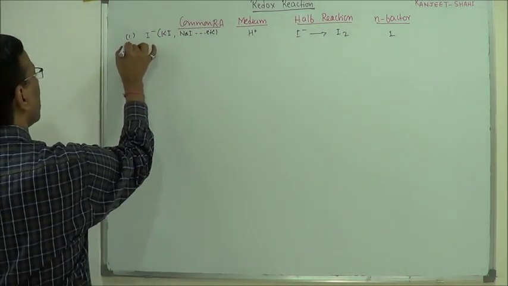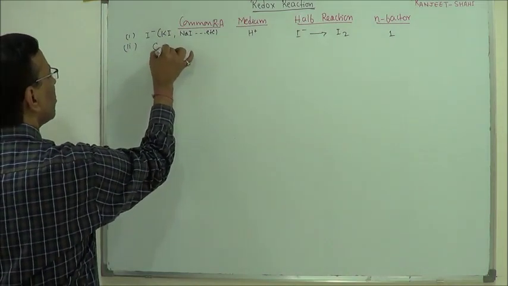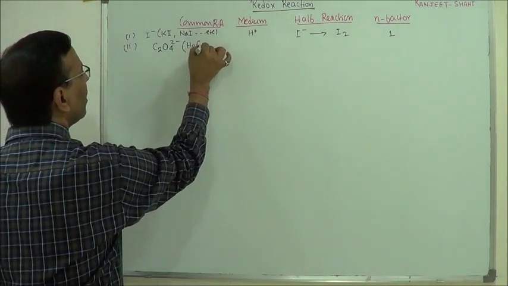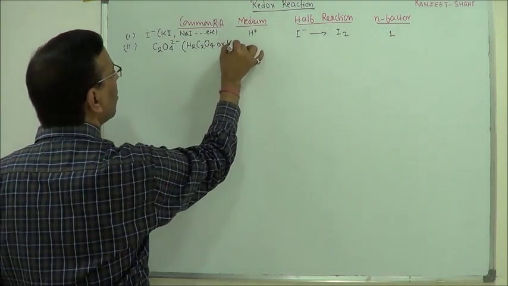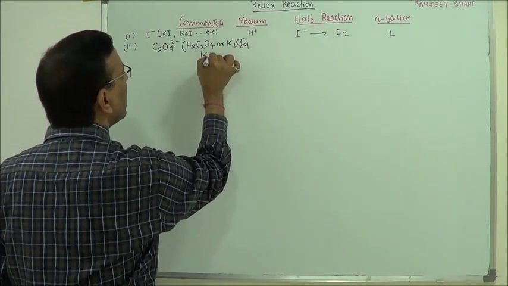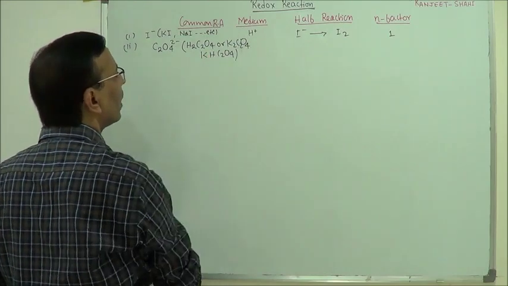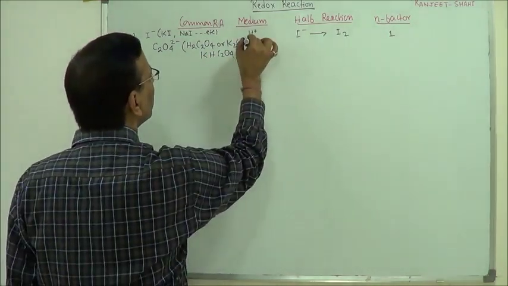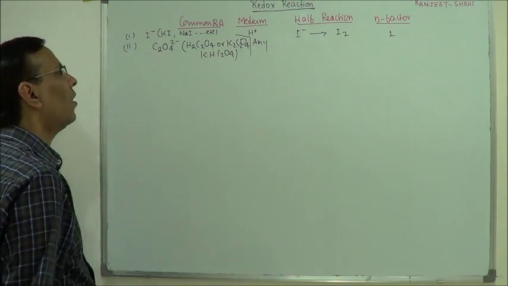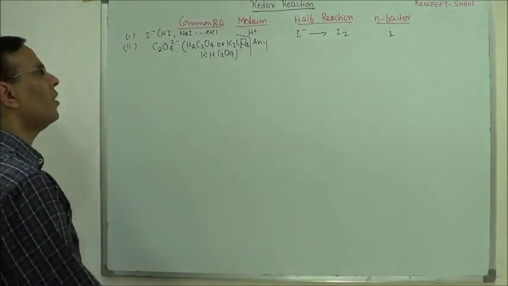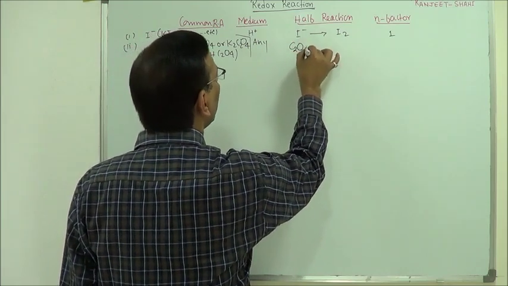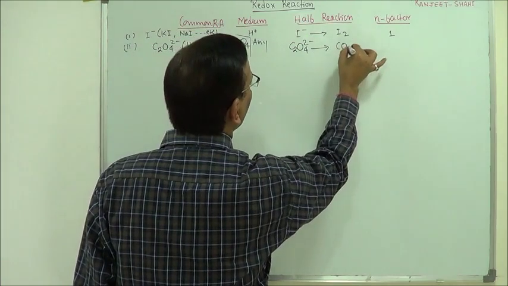Another common reducing agent is oxalate. It could be given in the form of oxalic acid or salt K2C2O4 or even KHC2O4. In any medium, all of them act as a good reducing agent, and the reducing species is oxalate in all cases, where it is converted to CO2.